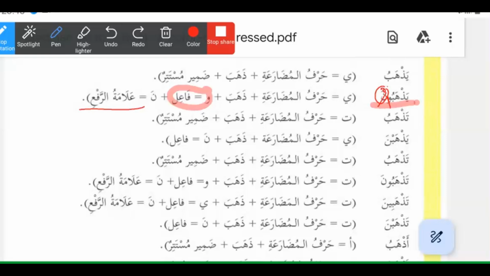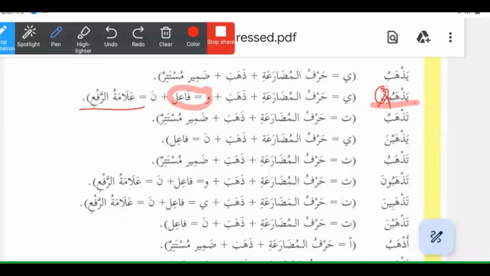But the past tense is mabni, it will not change. The future tenses are mu'arab, they change depending upon the amil, those amil which have an effect or work to change the fi'l.